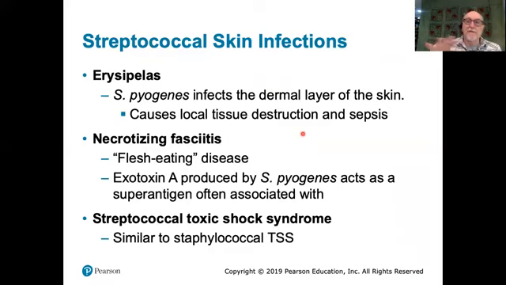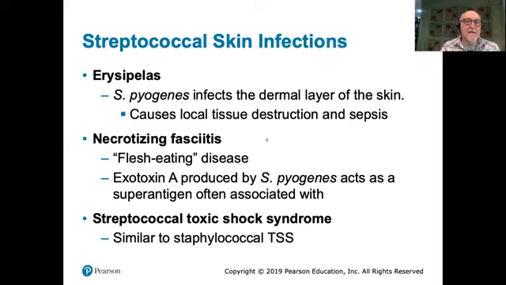When it just infects the dermal layer of the skin, it causes a condition called erysipelas. If it is extensive it can be extremely dangerous, but often it is limited in its extent. It causes localized destruction of tissue, but it does allow Streptococcus to gain entry to the blood and cause sepsis. So that is a danger of it.